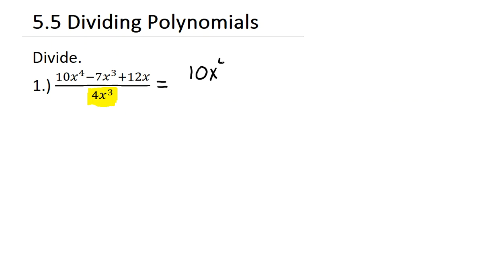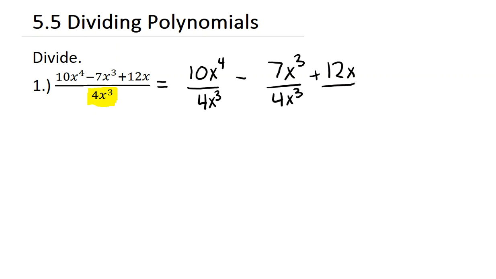So I'm going to take the 10x to the fourth minus 7x cubed plus 12x, and I'm simply going to divide each term by the 4x cubed.